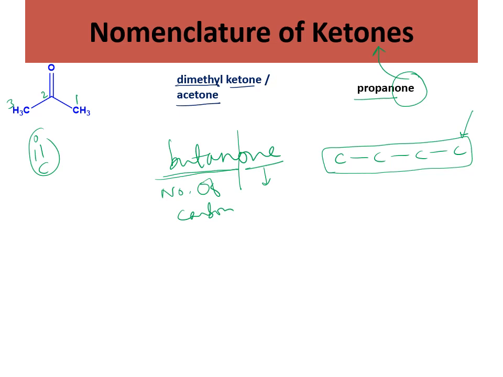I will not put a C double bond O there, because then I have to balance the valencies, and right now there are 3 bonds, so the fourth valency will be satisfied by hydrogen, and once I put hydrogen, this will not remain a ketone, this will become an aldehyde, right? So you will make a 4 carbon chain, but you will not convert the first carbon into C double bond O. We'll put it at some other place.